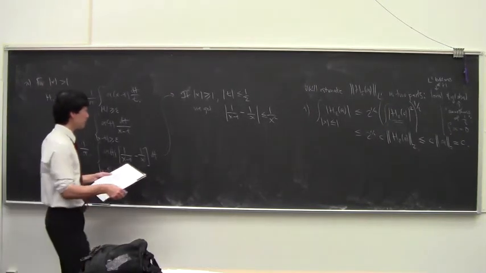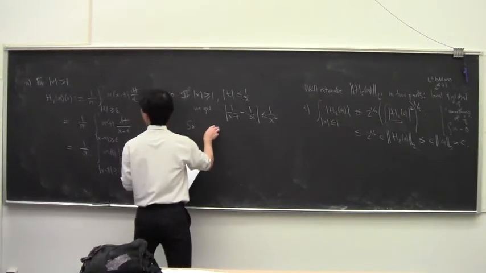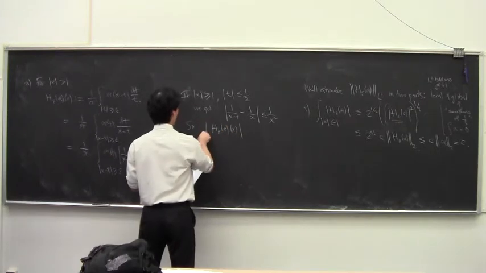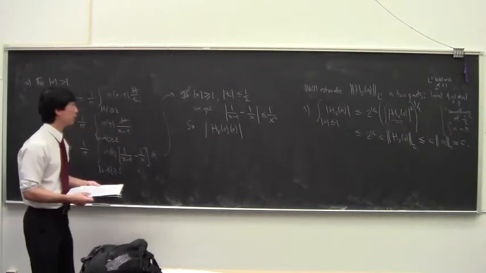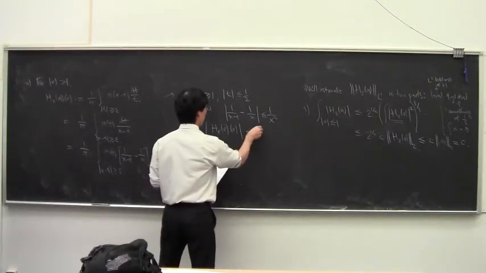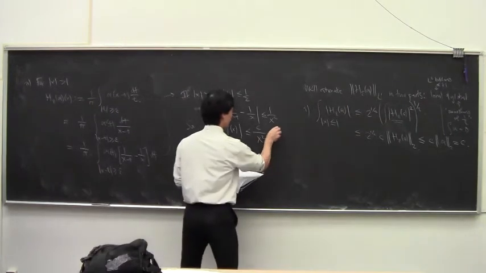So we get that this thing is controlled by some constant over x squared, for x bigger than 1.